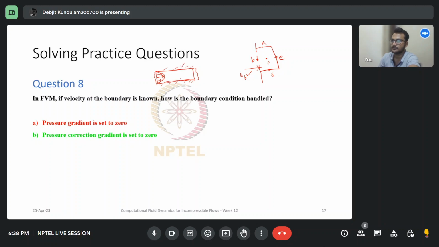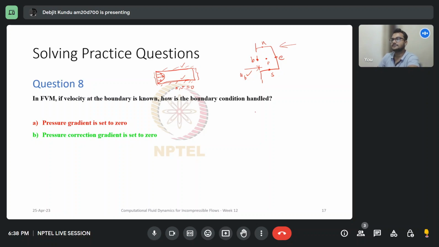Here the no slip boundary condition is applied, so I know the u and v over here is 0. So here also I'm mentioning the exact value of the velocity at the boundary. This is a very common phenomenon in setting up CFD runs in practical situations.